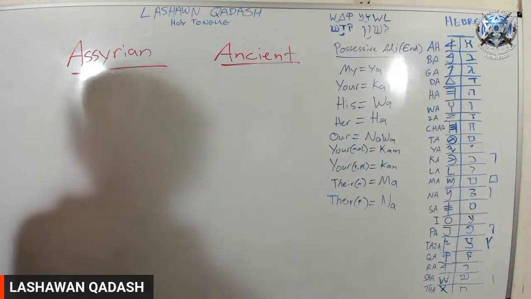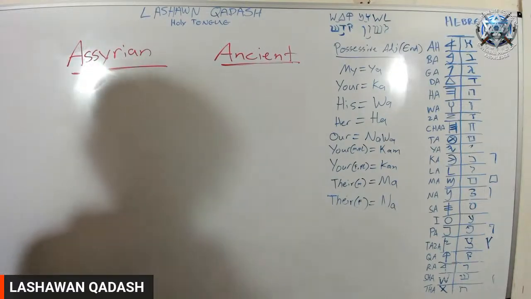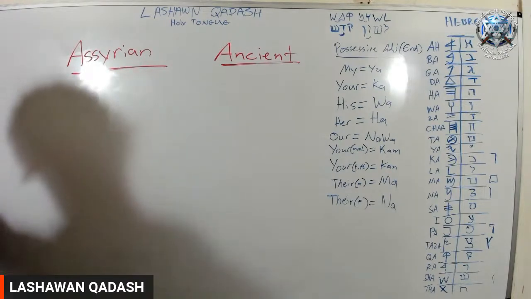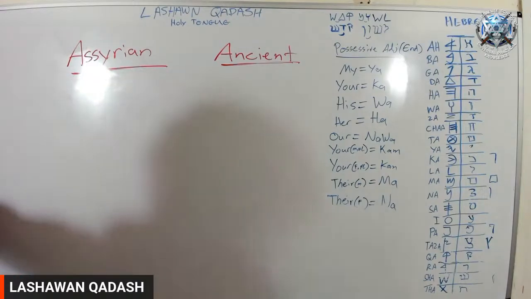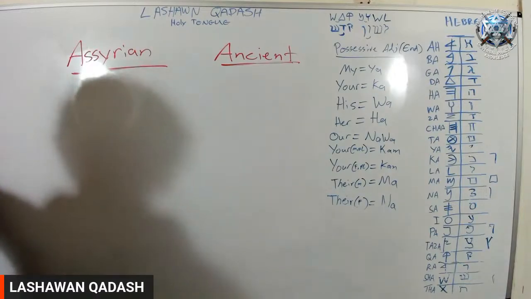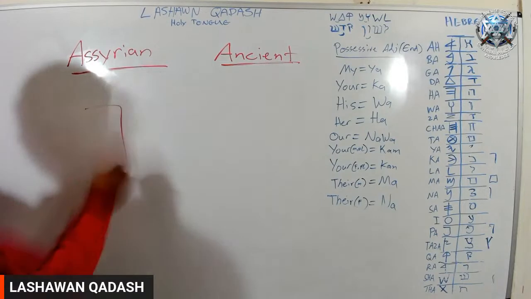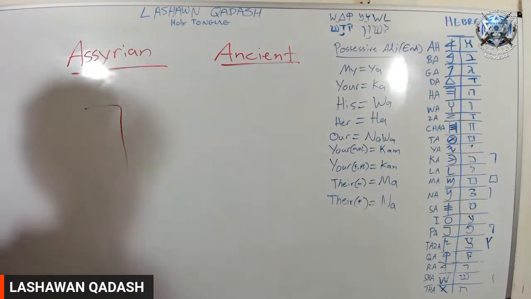All right, now we're going to go with Ra. Ra in the Assyrian. Remember, it's simple. It already looks like an R, right? Okay. Now in the ancient.